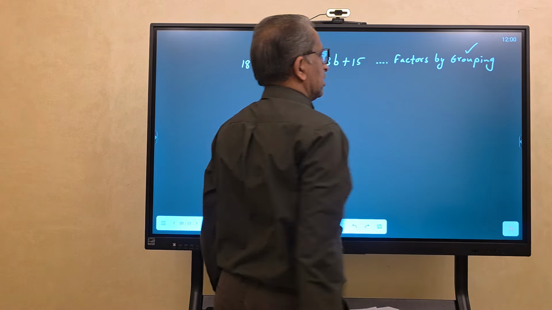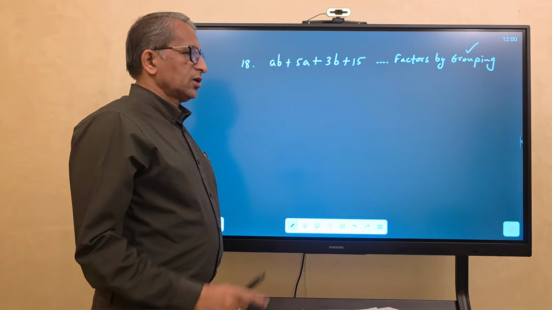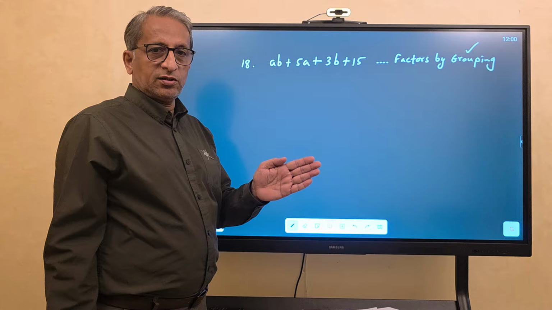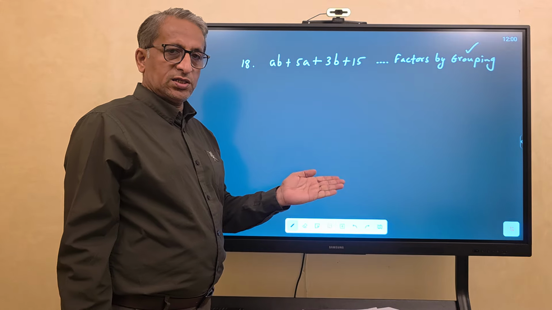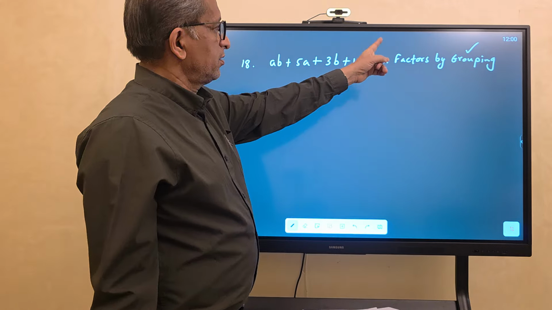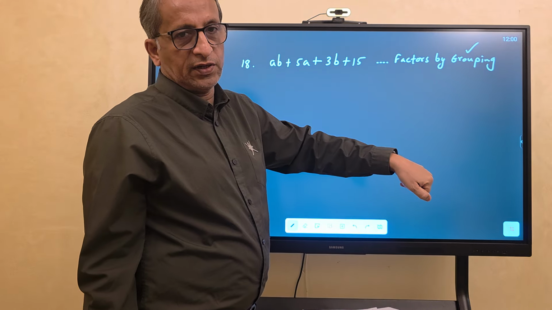You have to be very careful in the examination that whatever is asked, do that. If you are asked to find the factor by GCF, first find the GCF, then find the factor. If you are asked to find the factor by grouping, first do the grouping and then find the factor.